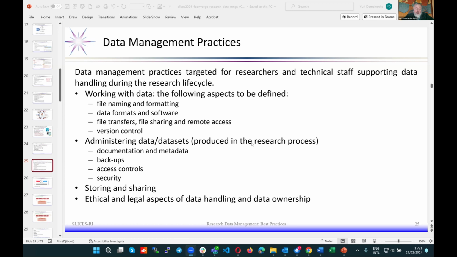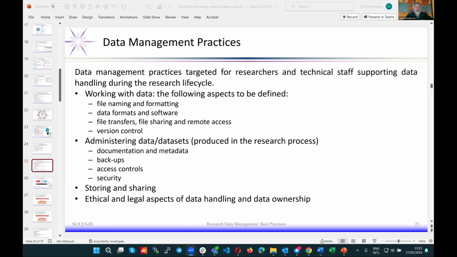Next, what tasks are related to administrative and management tasks regarding data, backup, documentation, and so on. There are also ethical and legal aspects, which we are not discussing in this tutorial, but they actually exist.